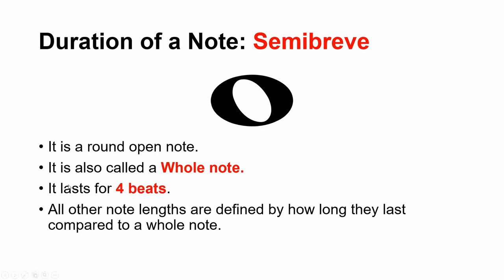Okay, so basically this lasts for 4 beats. So it tells you how long this note lasts. Now, when we talk about beats, for now, you can determine a beat to be anything. A beat could be something like that. So that's a beat. If you just snap your fingers, that's a beat. So a semi-breve would last for 4 beats.